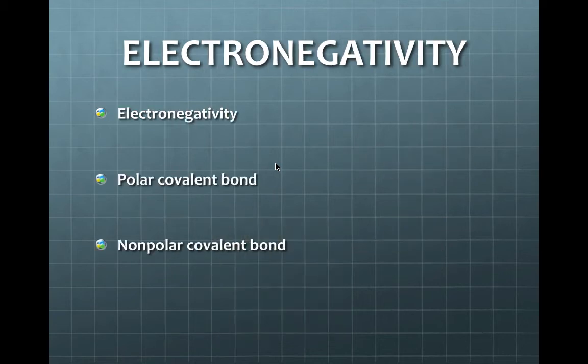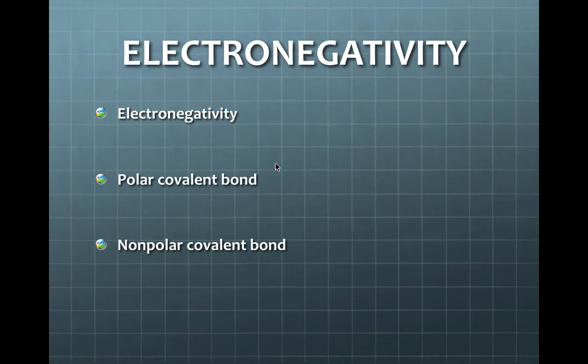Electronegativity is the attraction of an atom for the electrons of a covalent bond. More electronegative atoms pull the pair of electrons in a covalent bond towards themselves. Polar covalent bonds are bonds whose electrons are not shared equally, like in water.